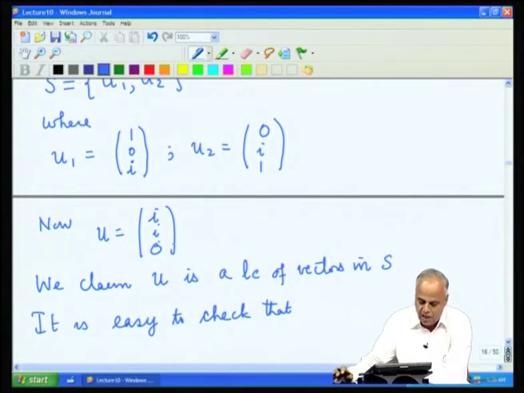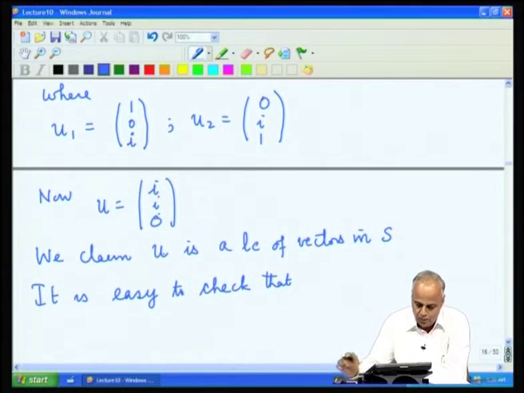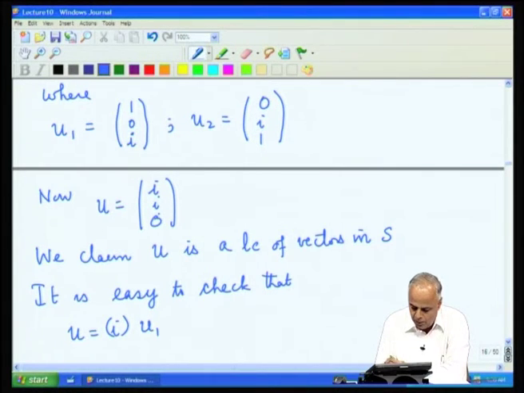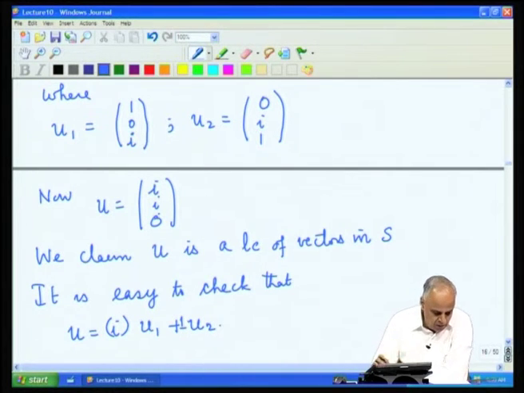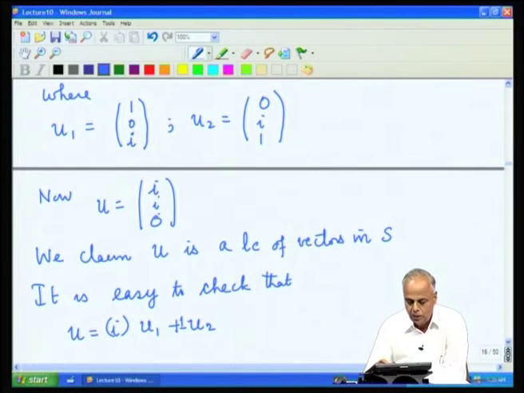It is much easier, the calculations become easier. So, we have u is equal to i into u1 plus u2, or 1 into u2. To be more precise, i into u1 plus 1 into u2.